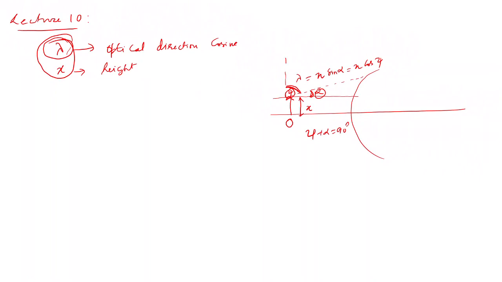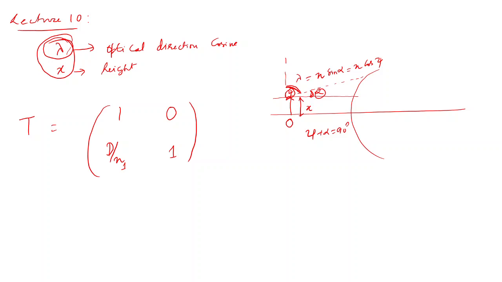If you have forgotten what we did, I urge you to go back to lecture 9 and look through the videos. But essentially, we derived the matrix for translation. The translation matrix we got was 1, 0, d over n1, and 1, where d is the distance that the ray travels.